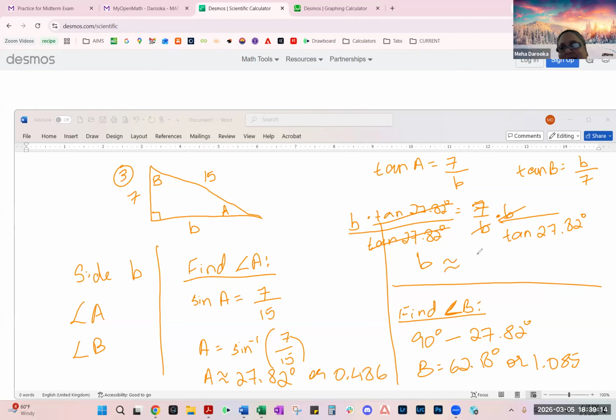So you can see we're basically going to take 7 and divide it by the tangent of 27.82 degrees. So let's see what that comes out to be.